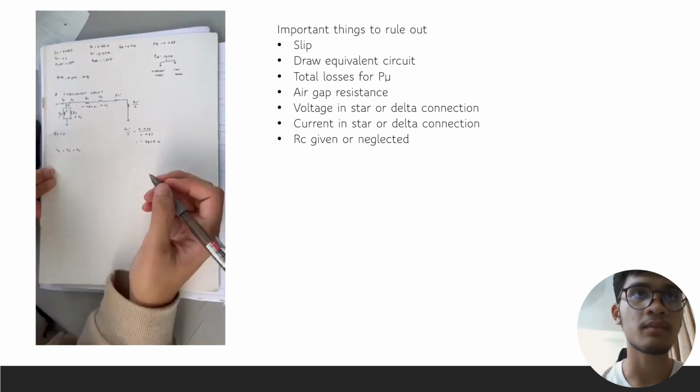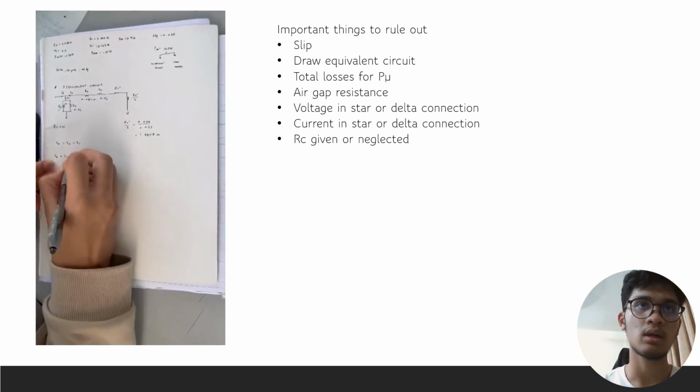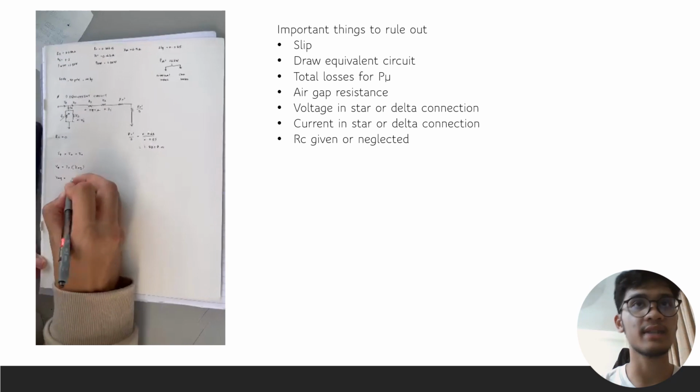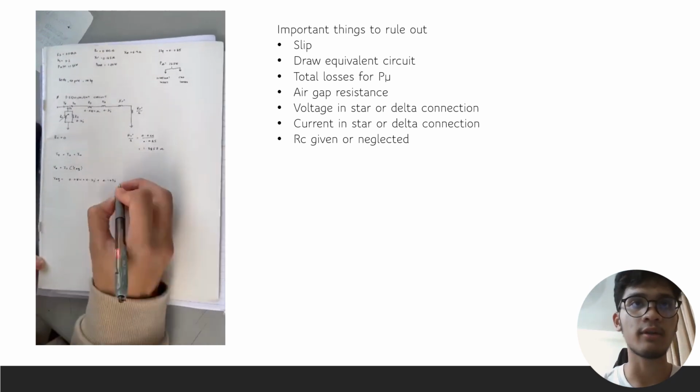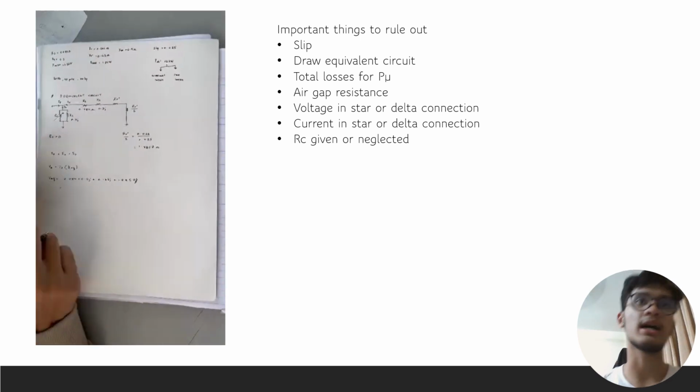Okay, next, with that information, we have to find the current that flows through I2 in order to find the I phase or I line. We need to find I2 first, then we need to find I node. First, we need to see whether the connection is star or delta.